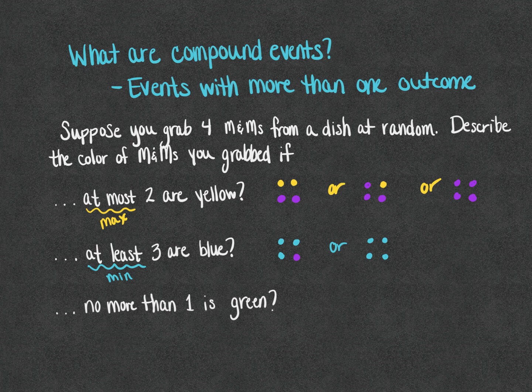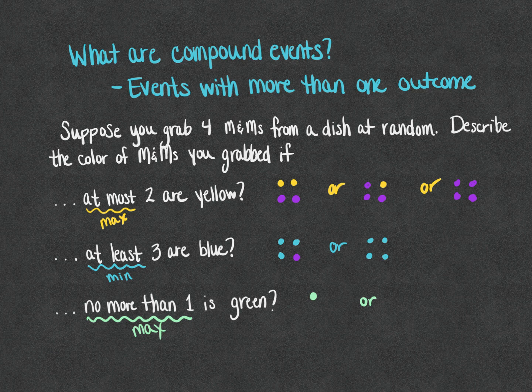And similarly, if we look at this next scenario, no more than 1 is green. No more than 1. So that means I can't be any bigger than 1. No more than 1 green means I might have 1 green, or I might not have any greens. So again, the phrase no more than 1, that's talking about a maximum.